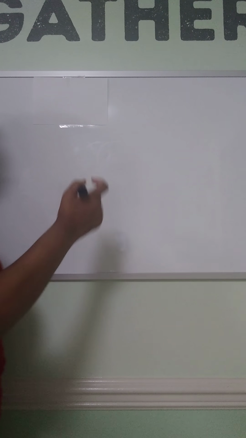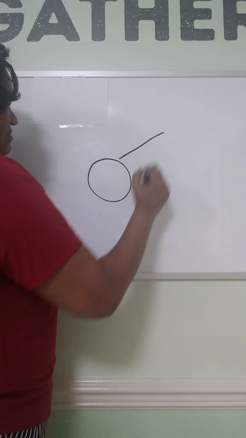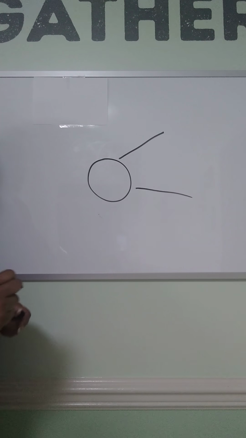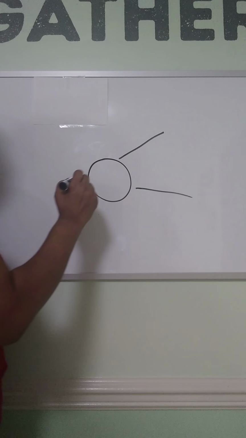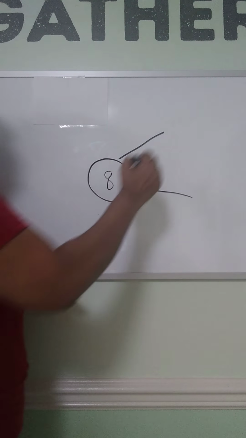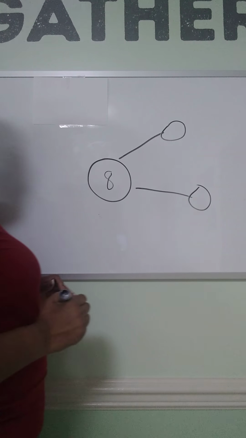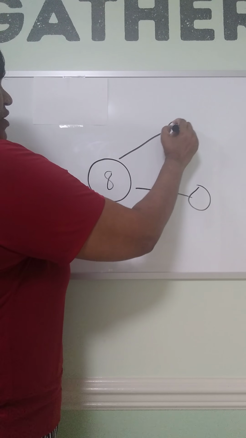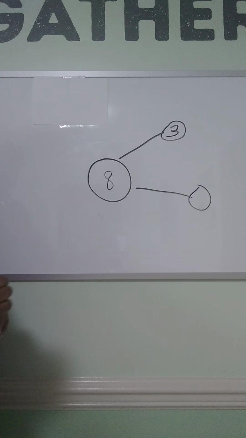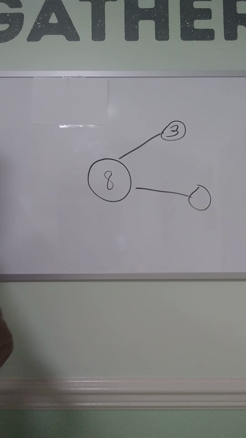Okay? Here's our number bond. We're going to put 8. And we're going to put 3 in the top circle, in the top part. Okay?